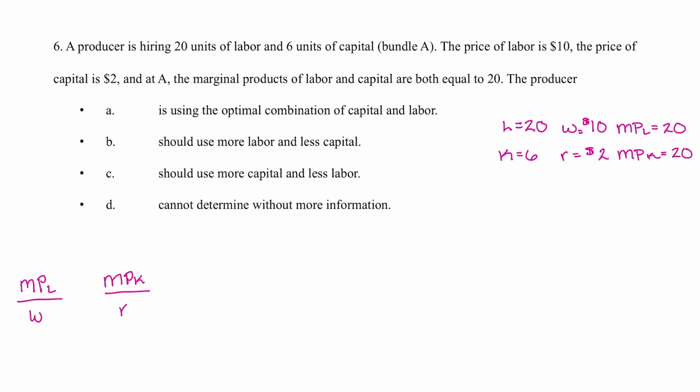So we're going to substitute that in over here. And when we do that, we are going to get 20 over 10 and 20 over 2, which simplifies into 2 and 10, and it's less than.